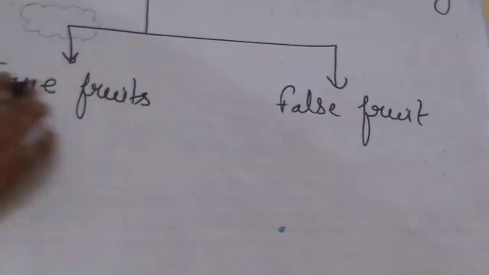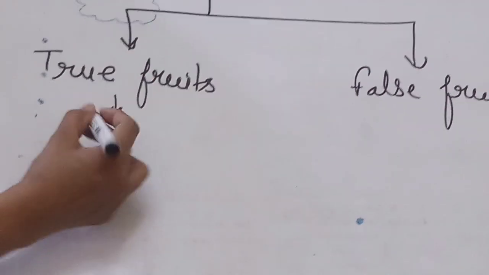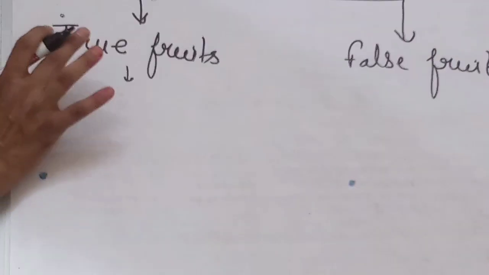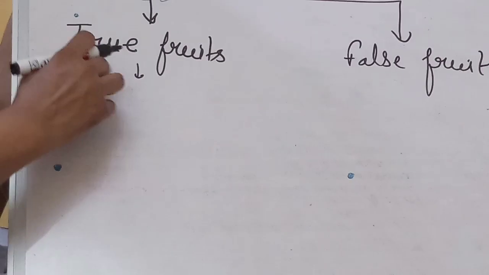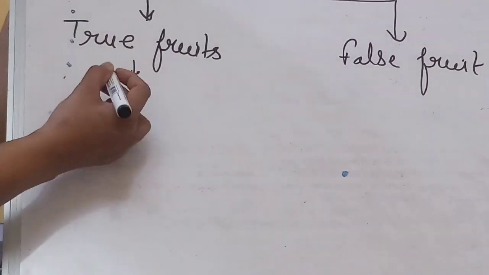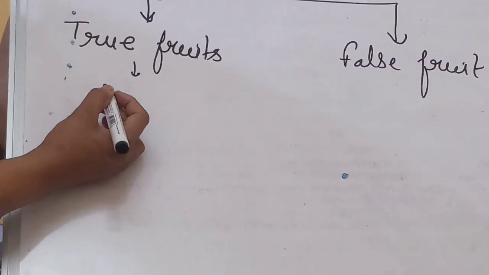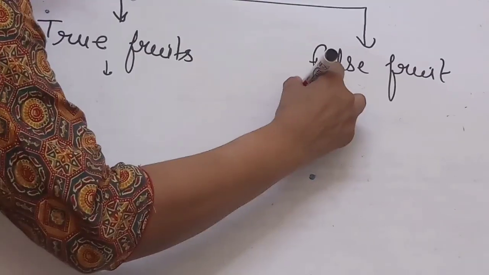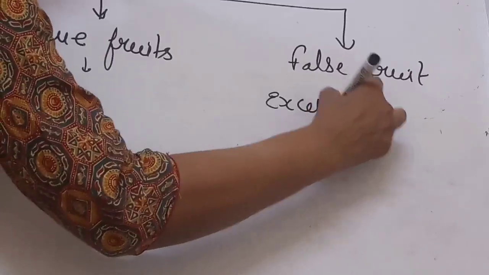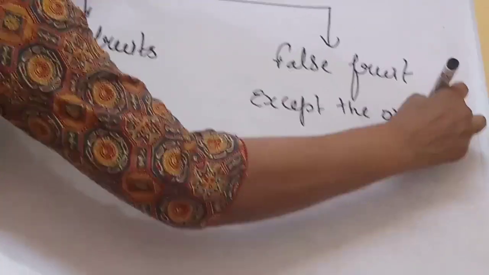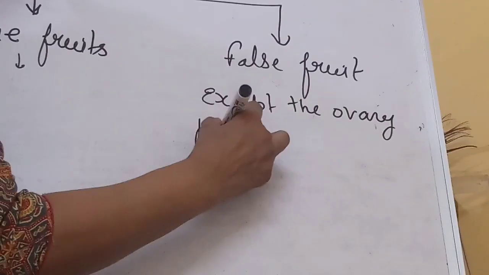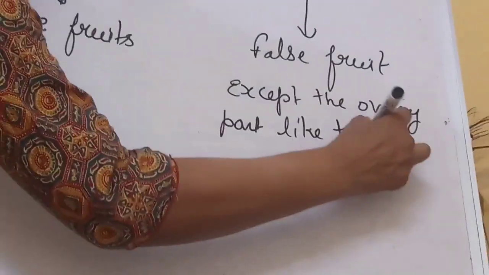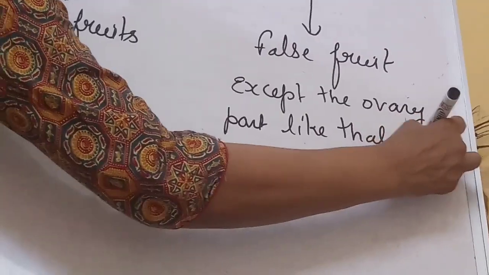True fruits are fertilized ovaries; in true fruits the edible part is the ovary after fertilization. In false fruits, a part other than the ovary, like the thalamus, becomes the fruit.